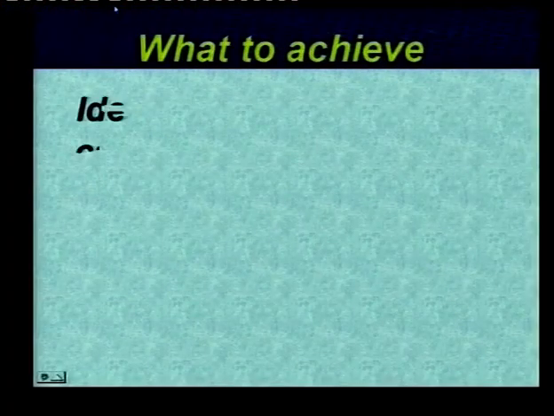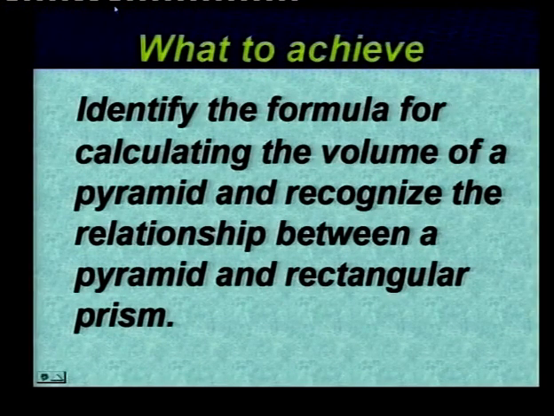What you are going to be achieving towards the end of this lesson: you are going to be identifying the formula for calculating the volume of a pyramid and also recognizing the relationship between a pyramid and a rectangular prism.